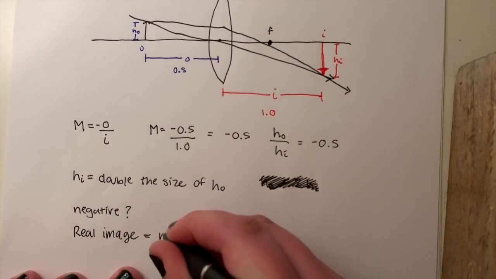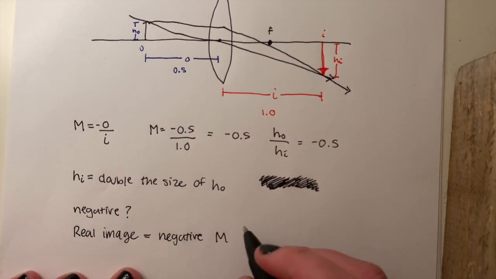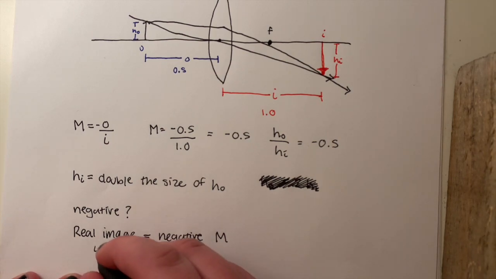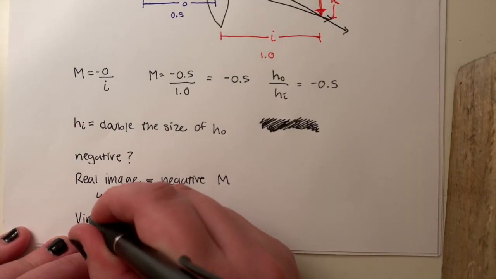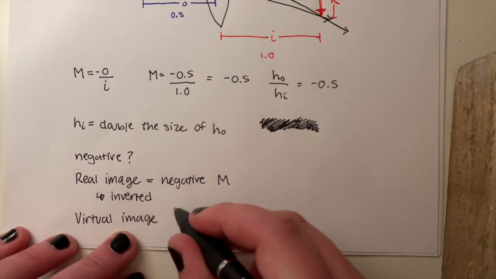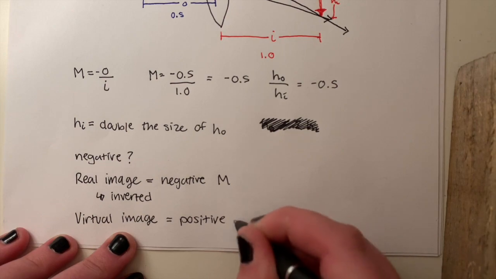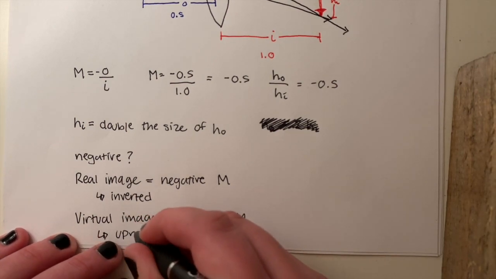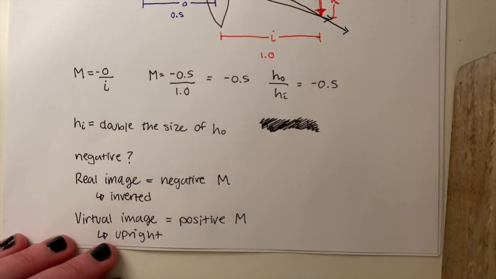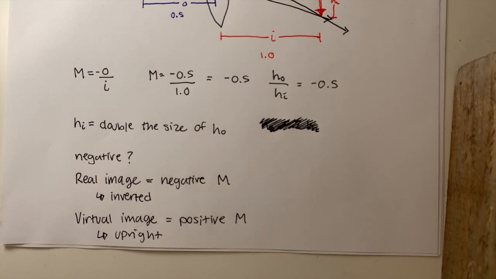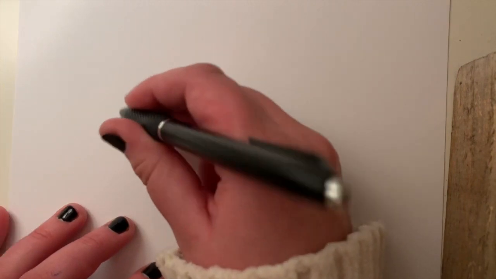Real images are formed when the object is placed outside the focal length of a converging lens and are always inverted. On the other hand, we have virtual images, which are produced by a diverging lens or when an object is placed inside the focal length of a converging lens. These are always upright.